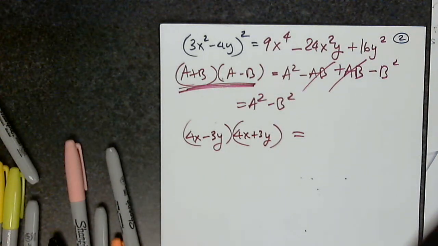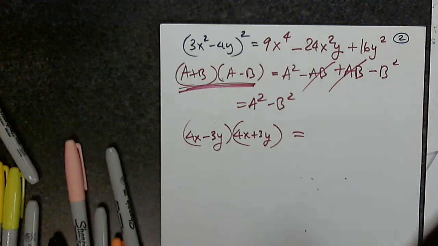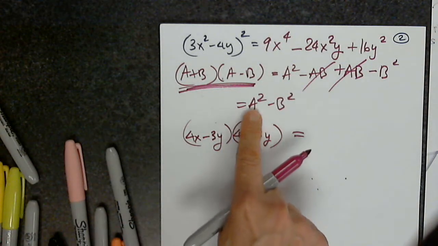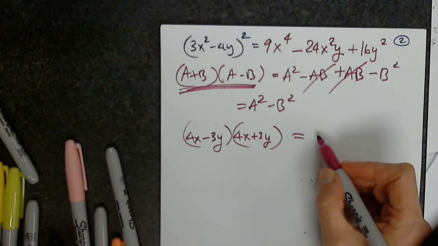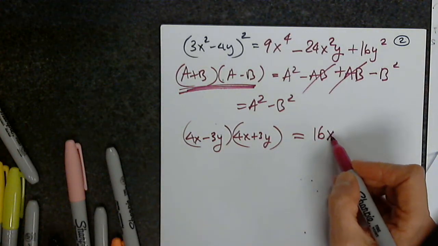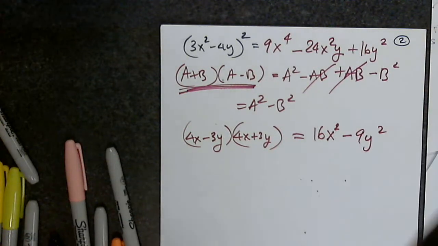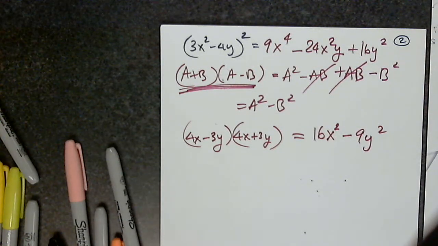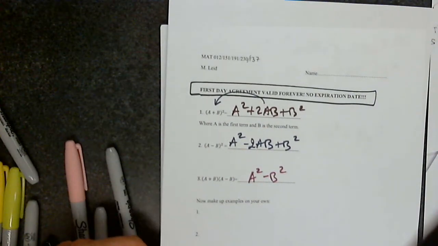Otherwise, this doesn't work. I cannot apply this formula or special product. So this says the first term squared. What is it? 4x. 16x squared. Good. Minus 9y squared. Can we consider this done?